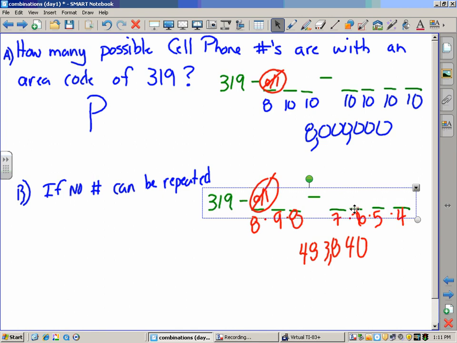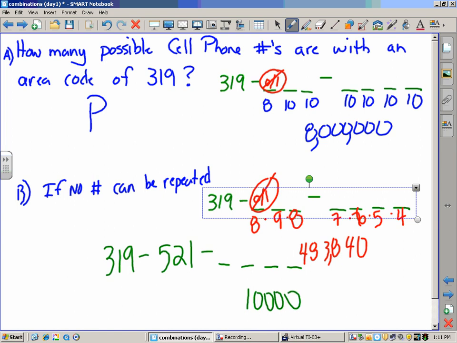If US Cellular had to have the prefix 521 in the 319 area code, how many numbers are left for those 4 digits? 10 times 10 times 10 times 10 has 4 zeros. Just 10,000. I don't know how many they give out, but who knows?